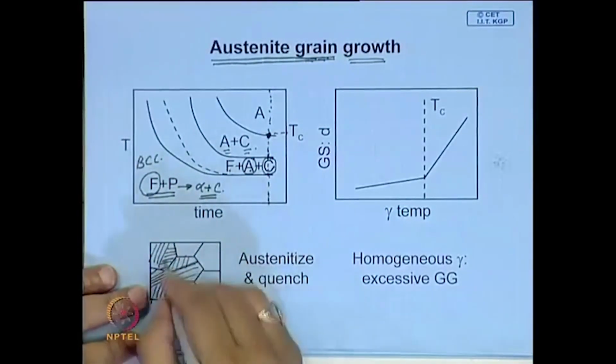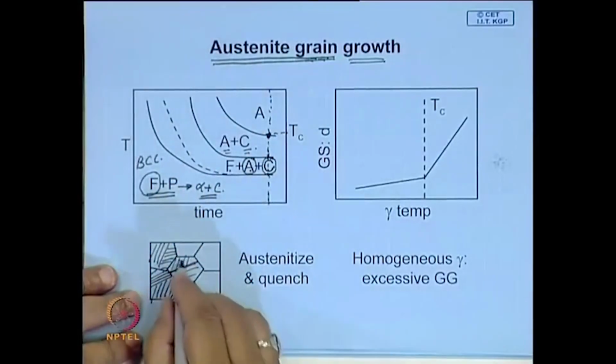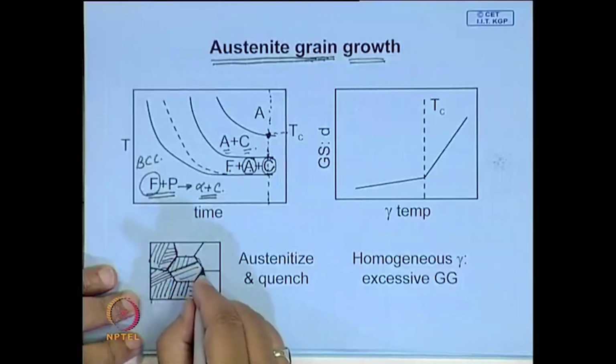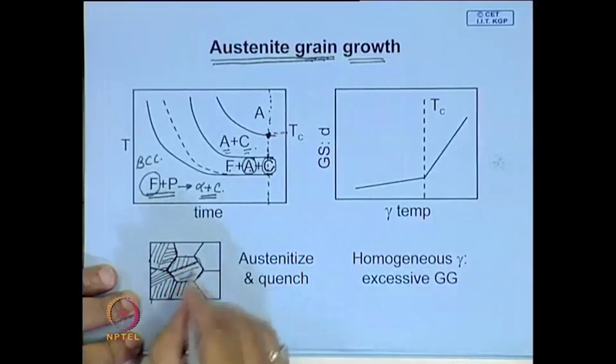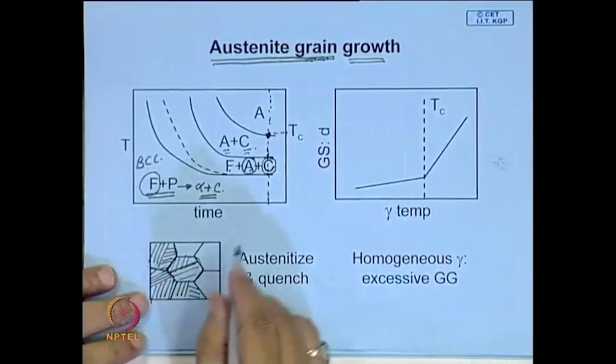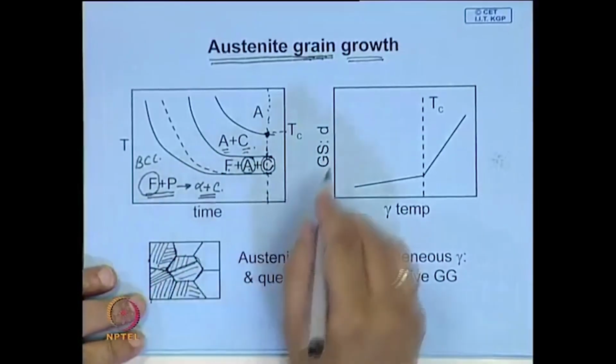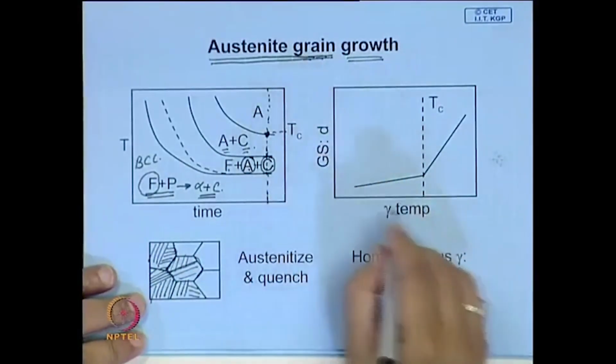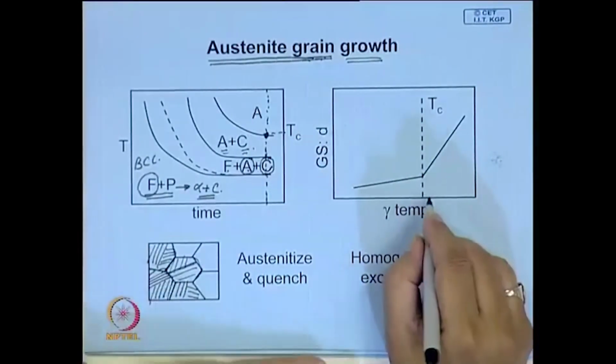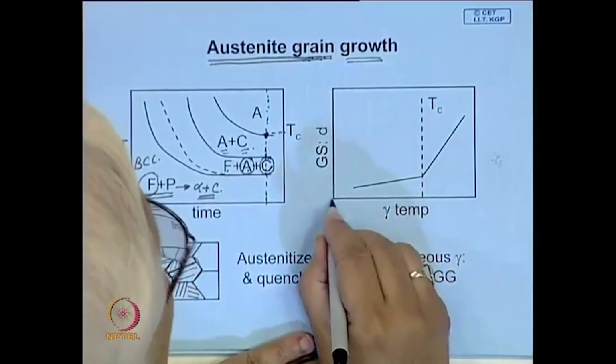So, you have this kind of martensitic structure formed, which clearly reveals the prior austenite grain size. And it is possible to determine this prior austenite grain size as a function of temperature, which is shown over here. Now, this is the temperature.